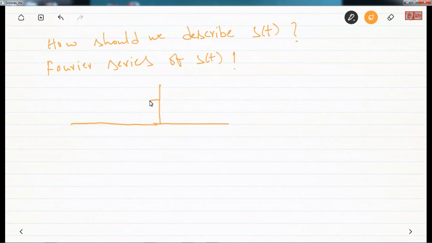Say consider, this is tau by 2, this is minus tau by 2. This is T naught. Again, this duration is tau, and similarly this is 2t naught.